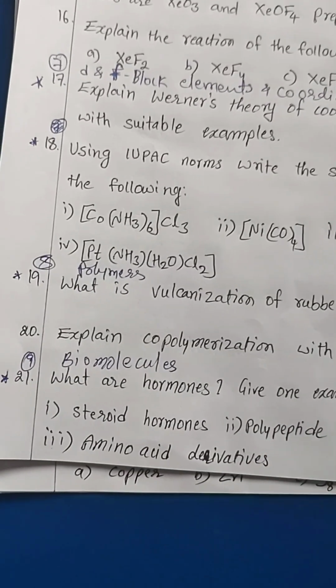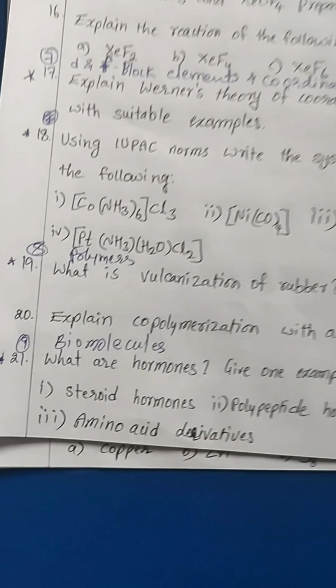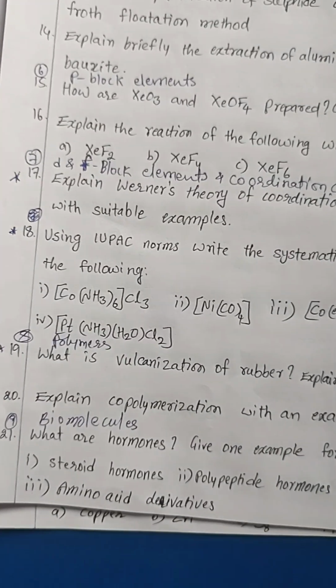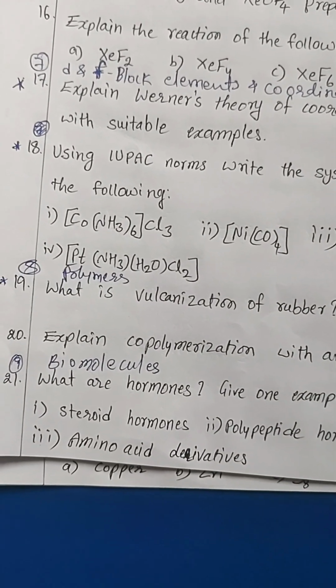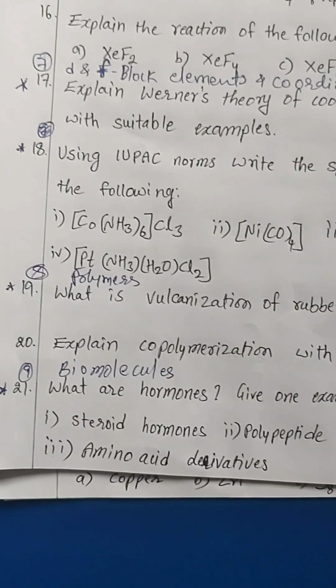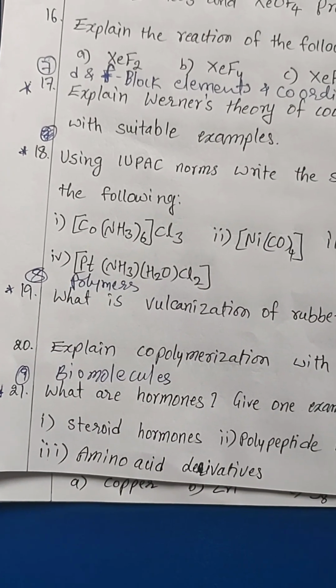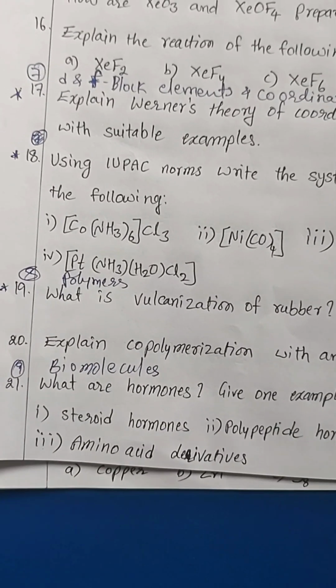From the biomolecules chapter, the most important question, always present in the question paper from this chapter: what are hormones? Give an example for each: steroid hormones, polypeptide hormones, and amino acid derivatives.